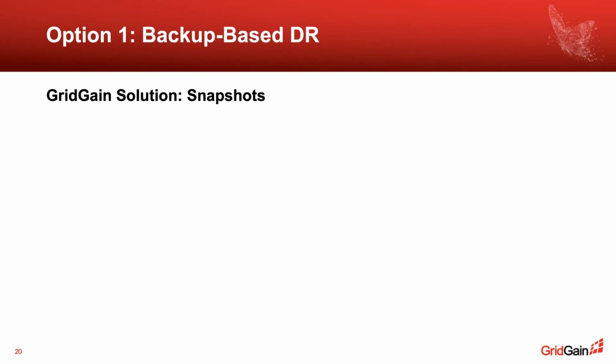And in GridGain, what can GridGain offer in this case? Unfortunately, there is no solution for backups right in the Apache Ignite, but there is in GridGain, and this is GridGain Snapshots. GridGain Snapshots allow you to create backups of a live cluster.